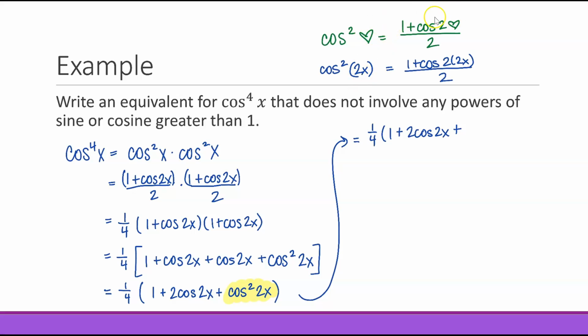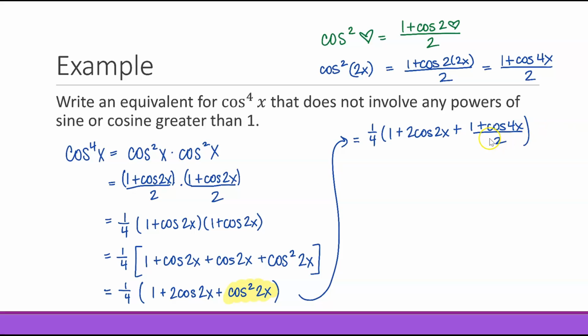Because I replaced heart with 2x, in the formula I have to replace heart with 2x. So then this is 1 plus cosine 4x over 2. So cosine squared 2x is 1 plus cosine 4x over 2, and that's what I'm going to plug in right here: 1 plus cosine of 4x all over 2.